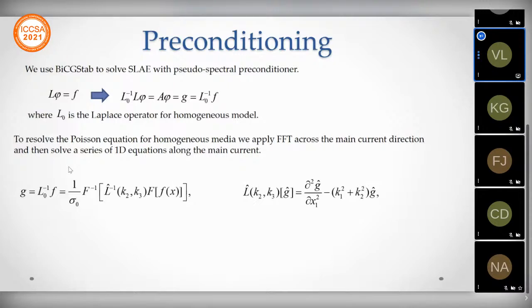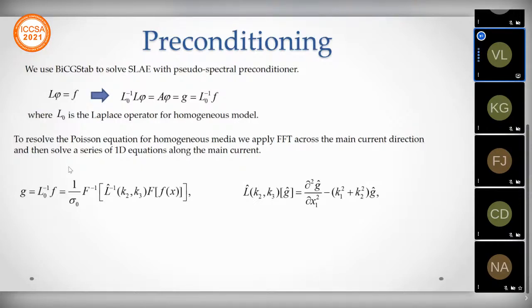So we decided to do the following thing, which is quite nice if we're talking about the Poisson equation with Neumann boundary conditions. Even if we have complex topology, we apply the fast Fourier transform in the directions across the main current. If we're talking about upscaling, we apply the electric current from two opposite sides. We apply the potential difference at the two opposite sides, and the four other sides are free from external current.